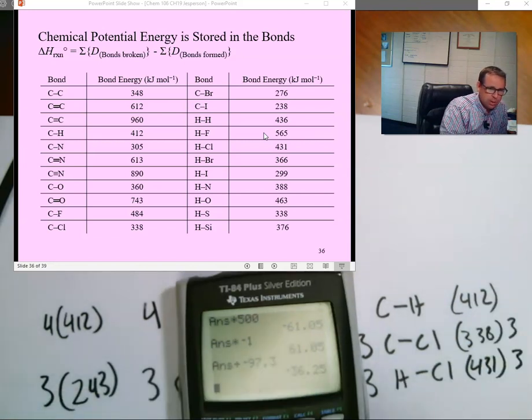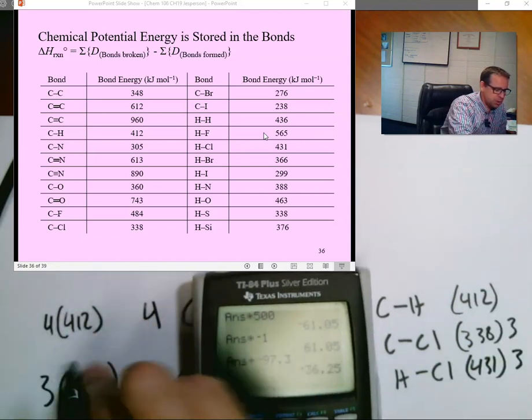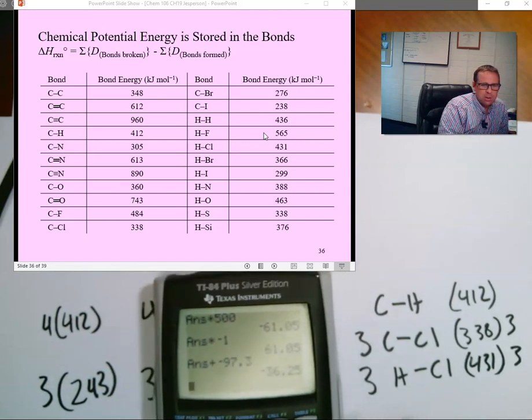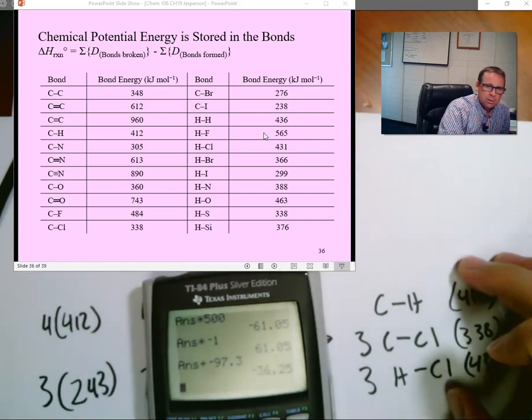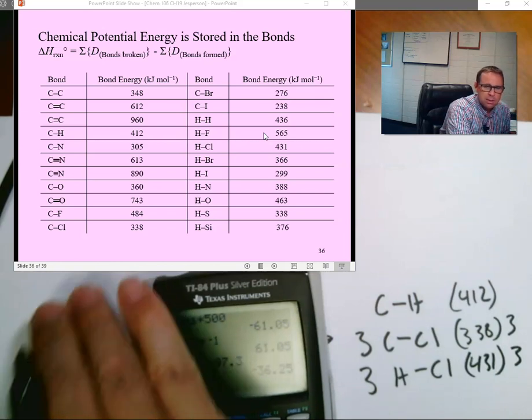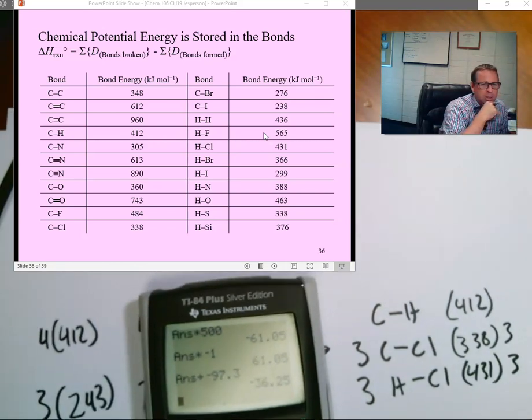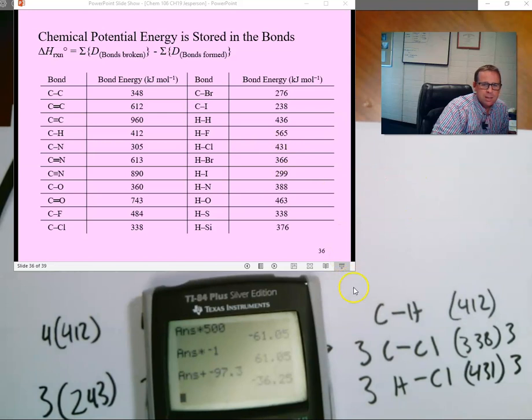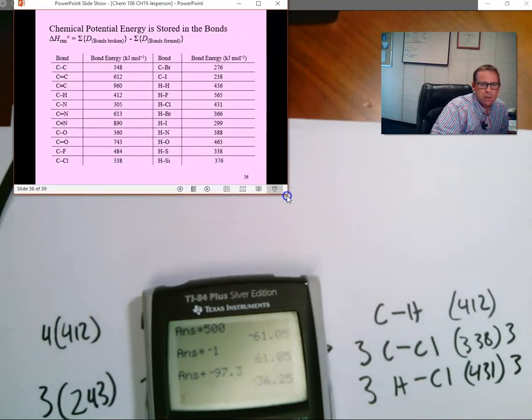I'll just do the reactants first here, just to emphasize that here it's not going to be products minus reactants. It's going to be reactants minus products, and we'll review why that's the case after we get our values.